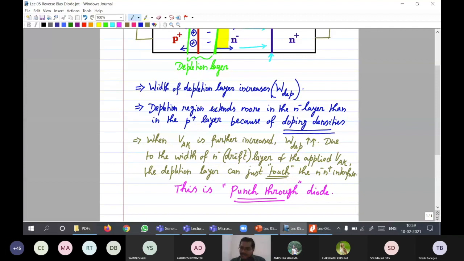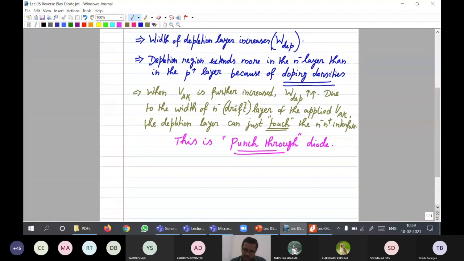The other category where it doesn't touch, you call it a non-punch through diode. This is one important classification of our diode, depending on the extension of the depletion layer into the n minus n plus interface. If that depletion layer touches that interface, punch through. If it doesn't touch, non-punch through.